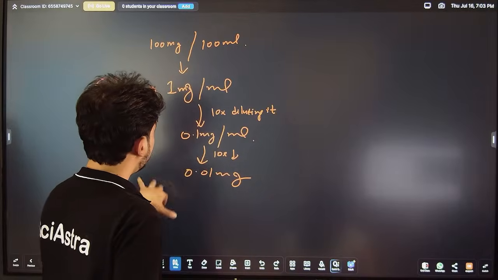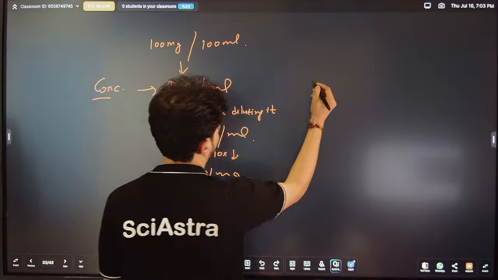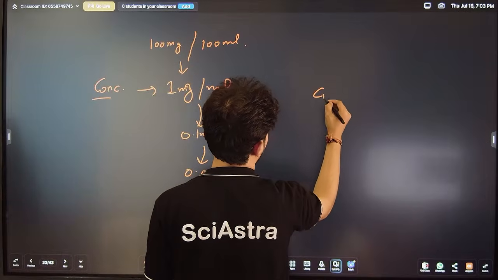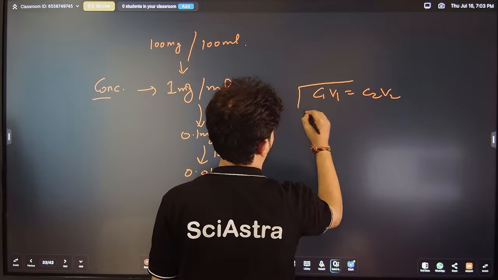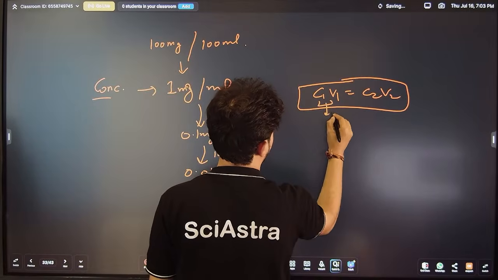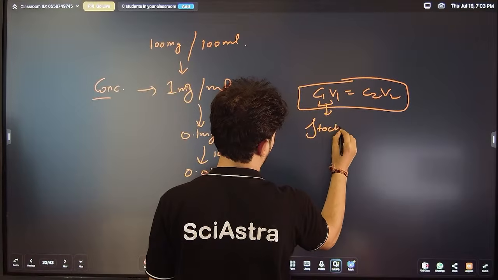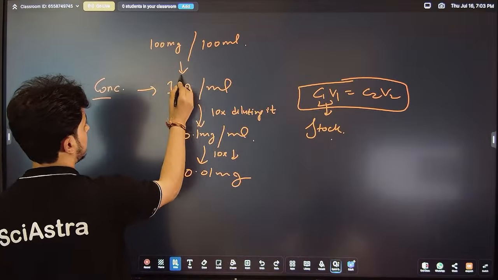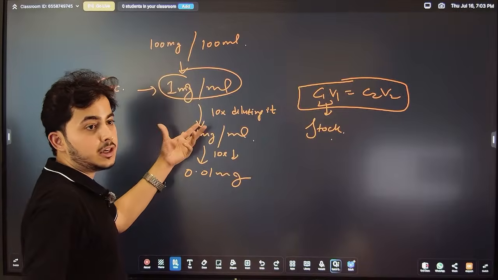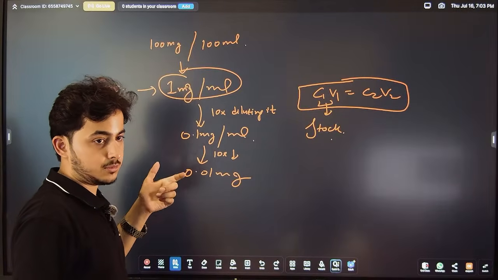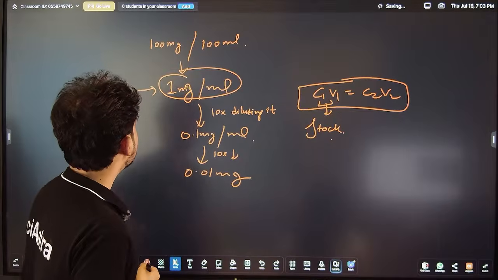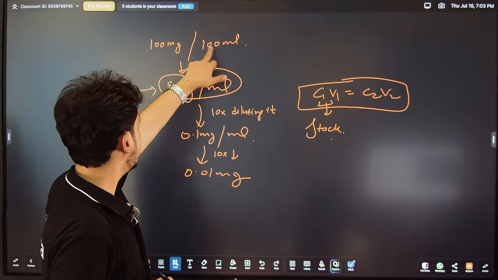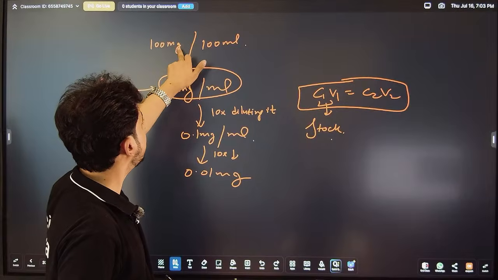To do all this in the lab, you have the formula C1V1 equals C2V2, where this part represents the stock solution. No, you can't write it as 1 mg per 10 ml, because you have 100 mg in 100 ml, so if you cancel this you get 1 mg per ml.